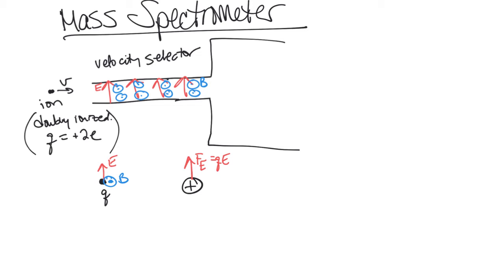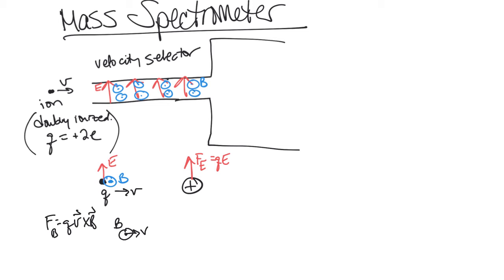So now for the force due to the magnetic field, remember that it's moving to the right, V. So when we do F equals QV cross B for the magnetic force, remember we have a right-hand rule. The V is this way, the B is this way.